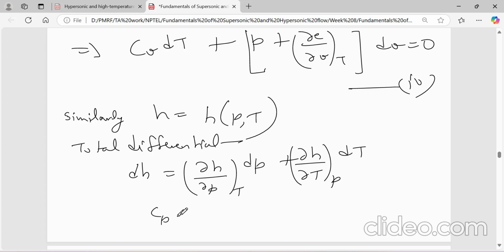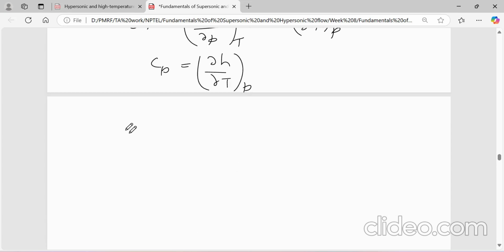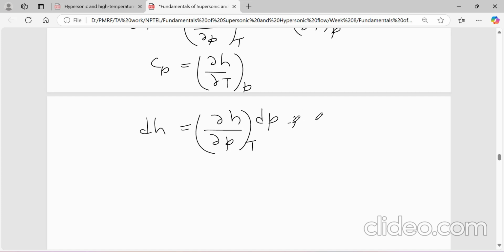And we know that Cp equals dou H by dou T at constant pressure. So we get dH equals dou H by dou P at constant temperature dP plus Cp dT.